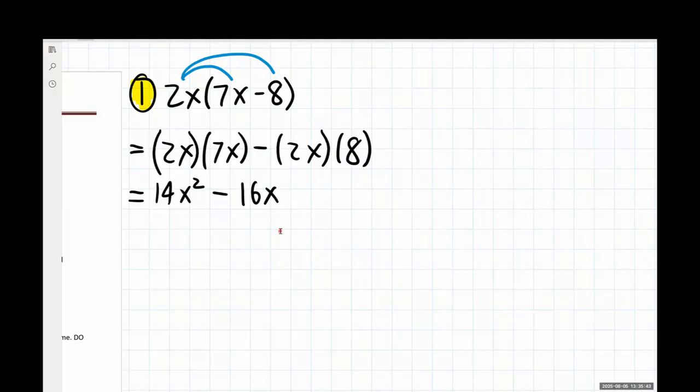The exact same variables, so they both have that, which is good, and the variables also have the exact same exponents. The first one is an x squared, the second one is just an x to the first power. So the exponents are different, meaning I cannot combine these things together. They must stay separated, and this is as far as I can go with the problem, and I have my final answer.